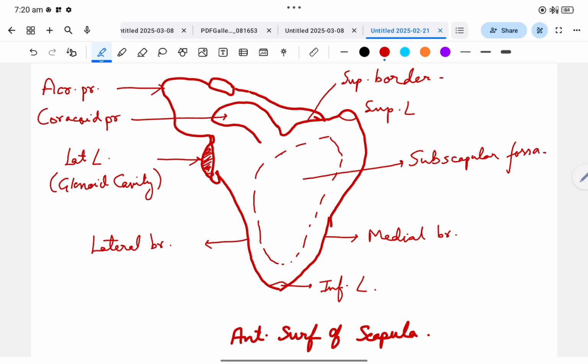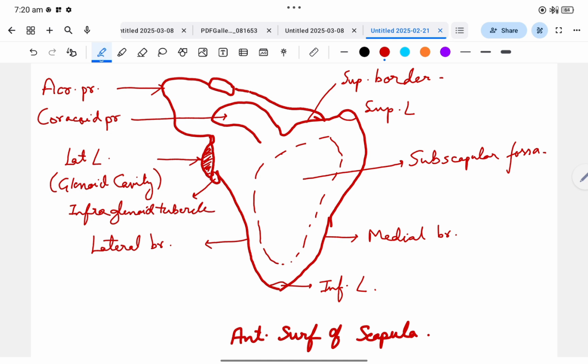Now on the anterior side, two things are also there. In the glenoid cavity, above and below it, there are two tubercles. This one is infraglenoid. Why infra? Because it is below the glenoid cavity. So infraglenoid tubercle.